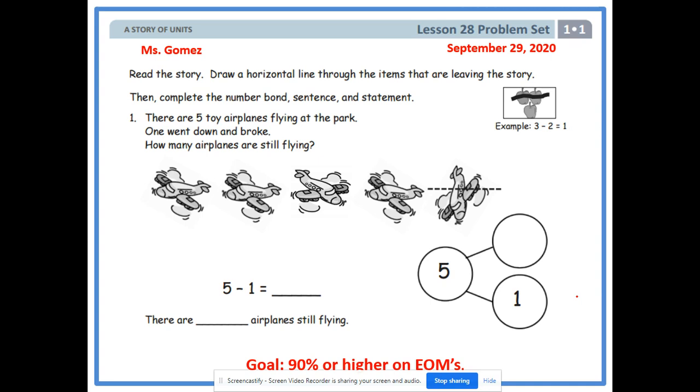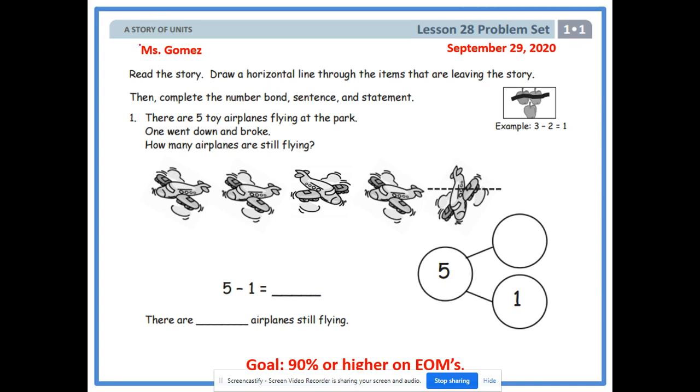You should now be on lesson 28 problem set. Make sure your next step, remember, is our idea 56 and 57. Write your name, date, and goal, which is down at the bottom or goal, name and date at the top. Go ahead and press pause and write your heading and press play when you're ready to continue. Great. We should now have our heading.